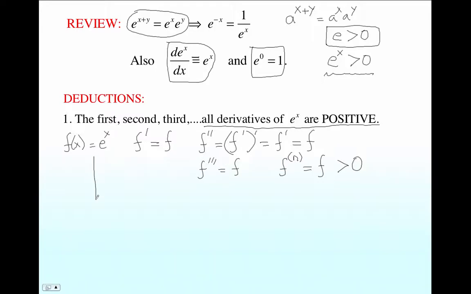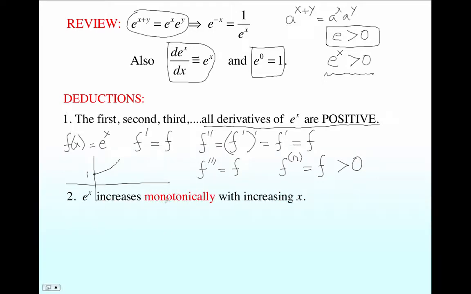So if I was to make a little plot like this, here is e to the power 0, which is 1. It's got to go up. And this brings us to the second point, that e to the power x increases monotonically with increasing x.